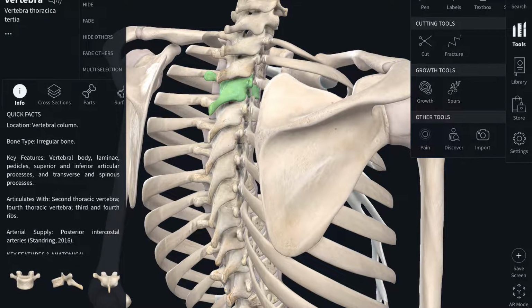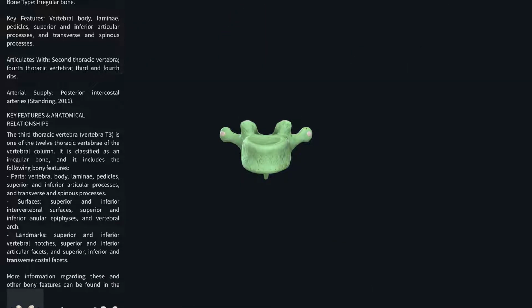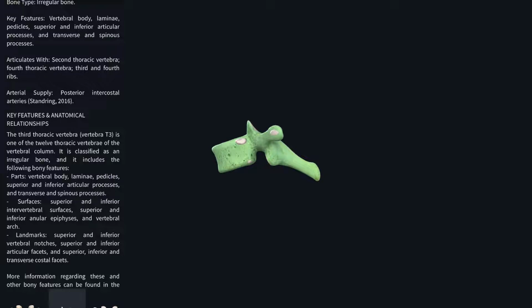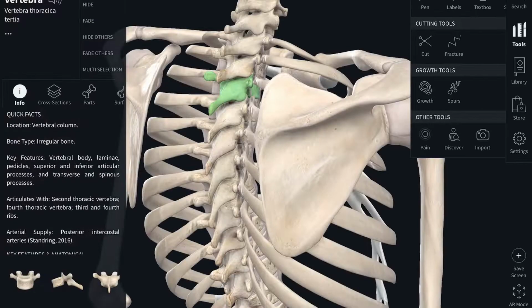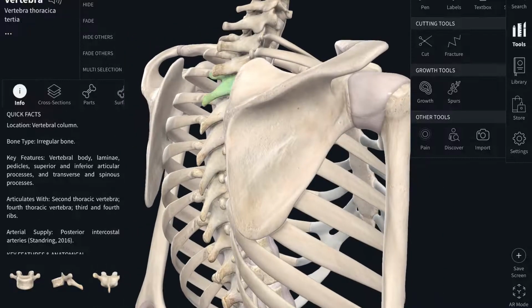We can look at them anterior, lateral, and posterior. They get slightly larger to support the increasing weight from the upper body and extremity. The spinous processes in this region project sharply inferior with each vertebra.